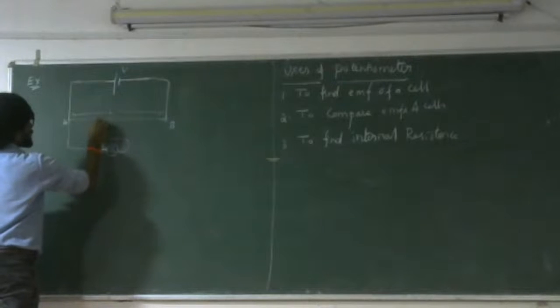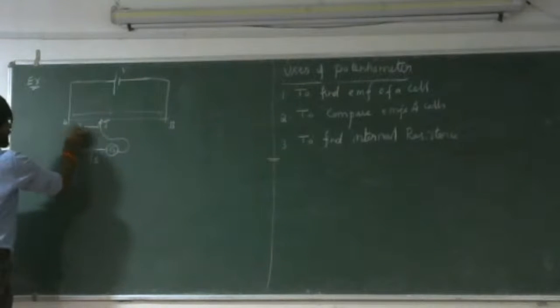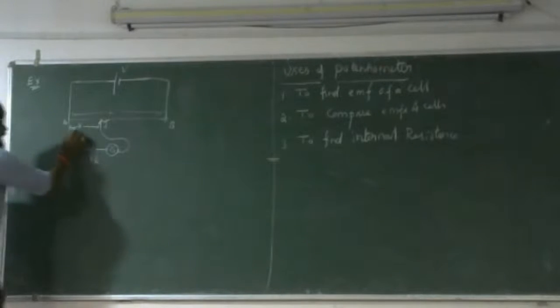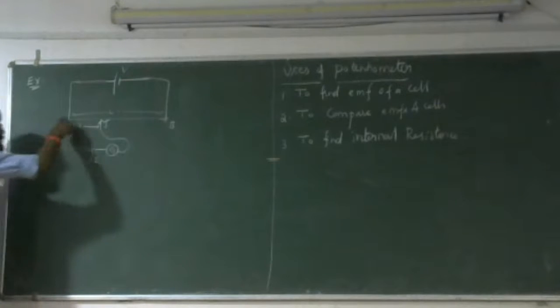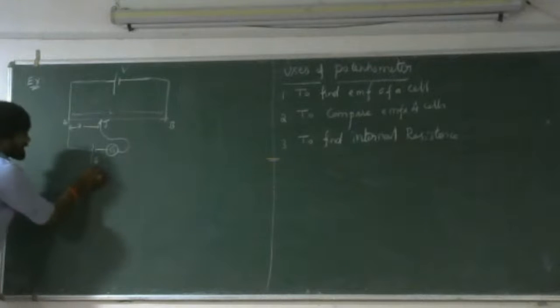When the jockey slides on this wire, it will give a balancing length of X. If the potential of the battery in the primary circuit is given, and this balancing length is given, and the length of the wire is given, then you may be asked to find the EMF of this cell.